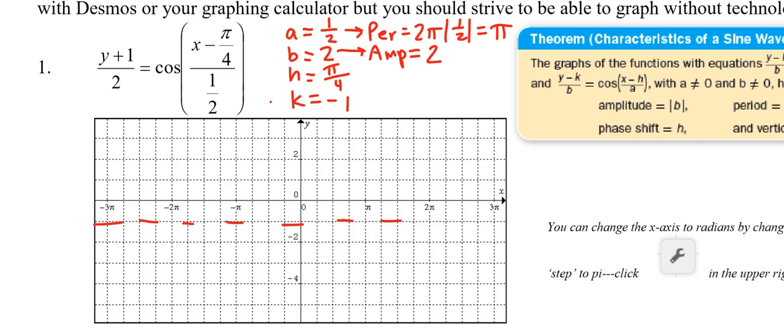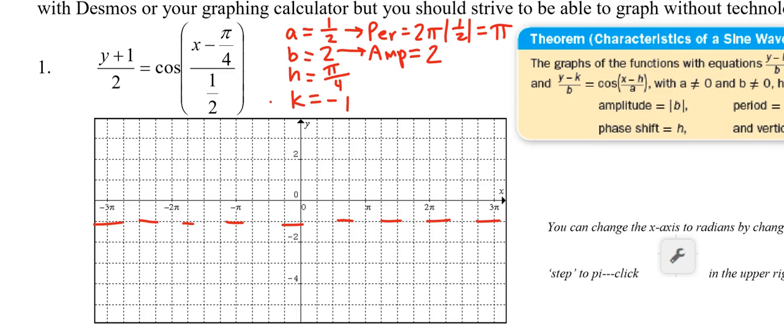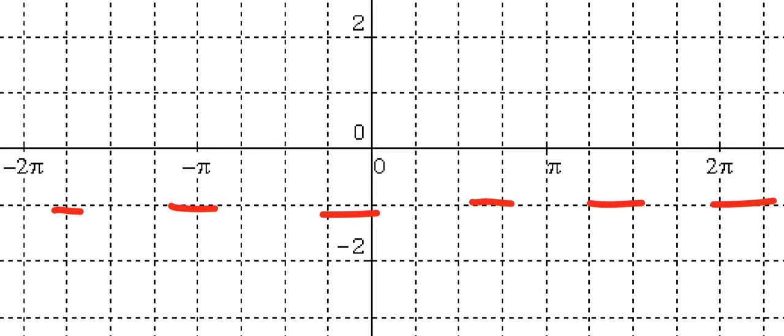Get your center line graphed. Find your HK. Where is it? Where's pi over 4, comma -1? What do you got?